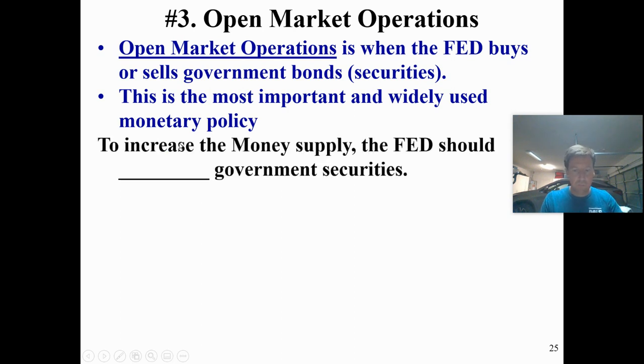So here's the way I look at it. This is a bond. A bond is just a piece of paper. It's an IOU written by the Treasury Department, sold by the Fed for people to invest. You can have this or you can have this. It's a $5 bond. If I have this bond, it's a great asset. It's going to give 3% per year until it hits its maturity date, but I can't do much with it.